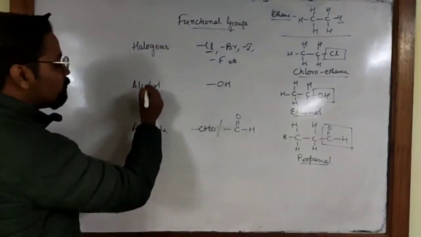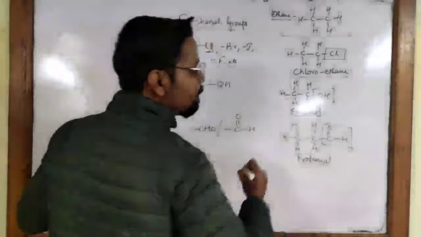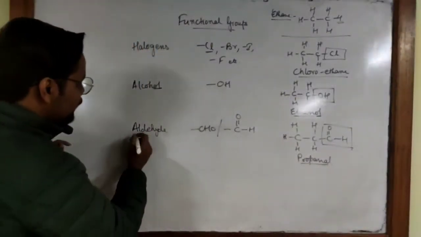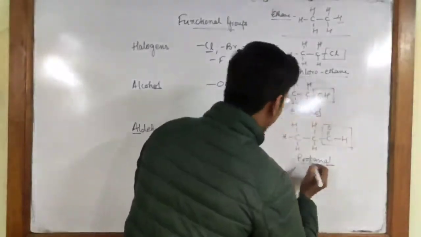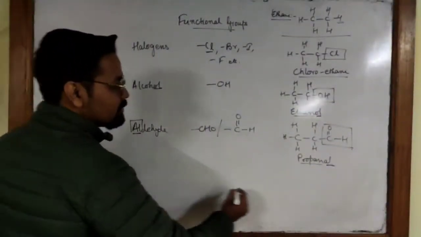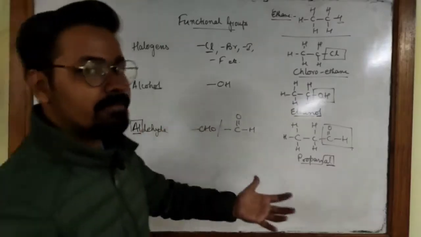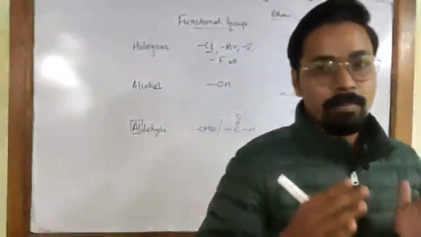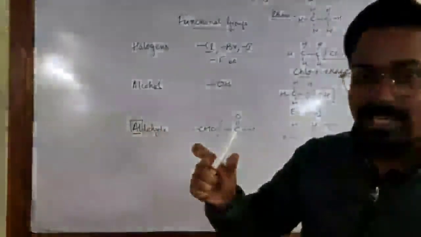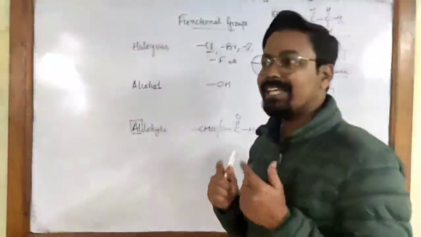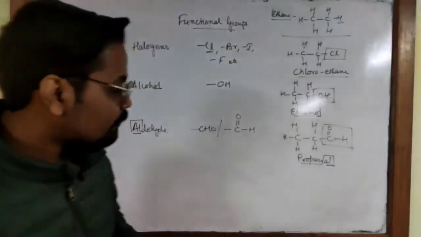Here, alcohol, so it will become ethanol. Okay, here it is called aldehyde, that's why it becomes propanal. This suffix comes at the end of propan. Okay, so that's how we name them. For alcohol, you will add propanol, ethanol, methanol. So all will come at the end. For aldehyde, it becomes ethanal, propanal, methanal, like this.